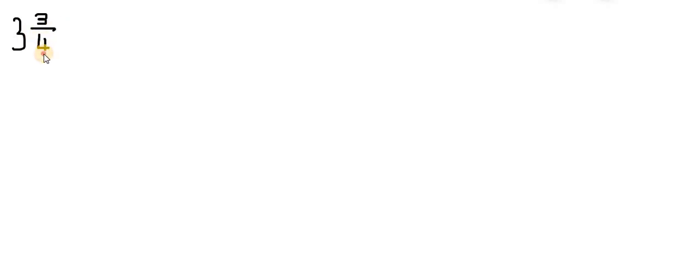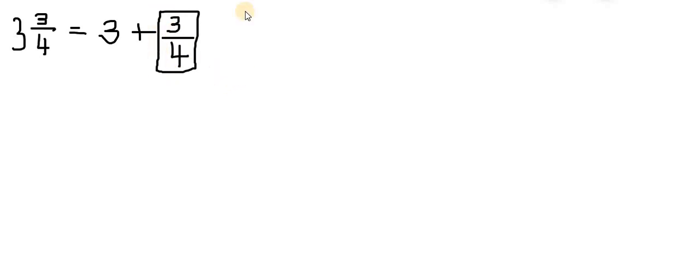The mixed fraction can be expressed as the whole number plus the proper fraction part of it, 3 over 4. So all we have to do is convert this fraction into a decimal and add it to the whole number.